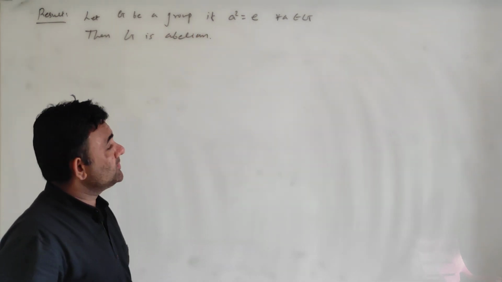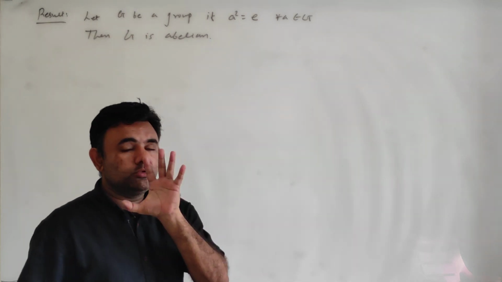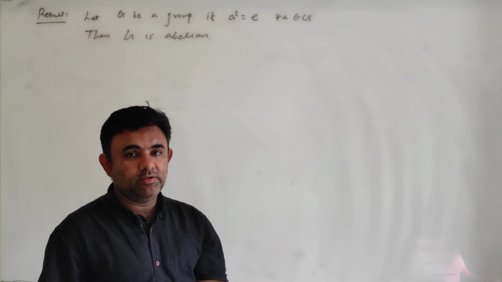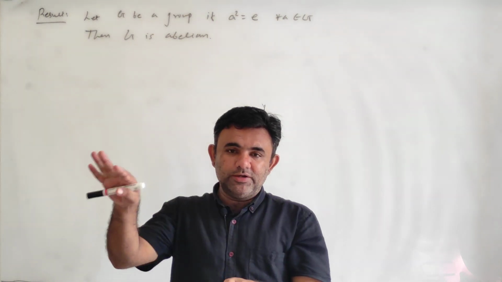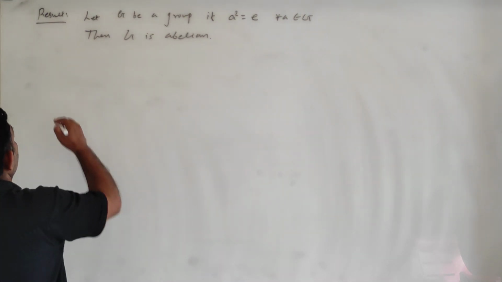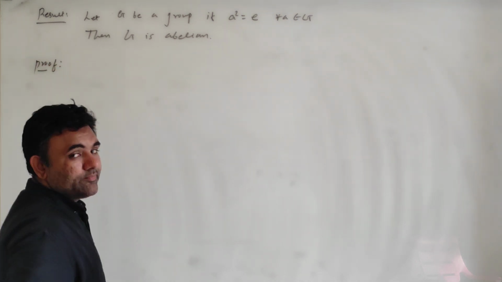This is also a very nice result. You start with a group and suppose you have this information that every element squared is identity. You take any element of the group and its square is identity, then your group must be abelian. So let us prove this result.